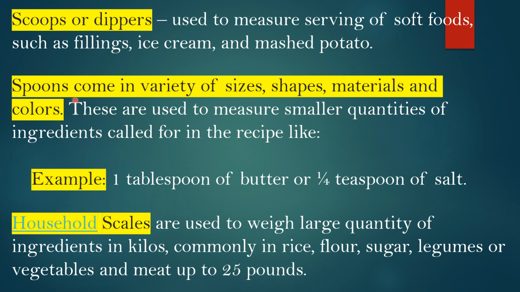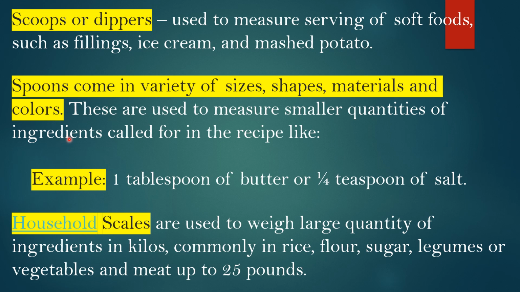And then next we have spoons, come in a variety of sizes, shapes, materials, and colors. So these are used to measure smaller quantities of ingredients called for in the recipe, like for example, 1 tablespoon of butter or 1/4 teaspoon of salt.